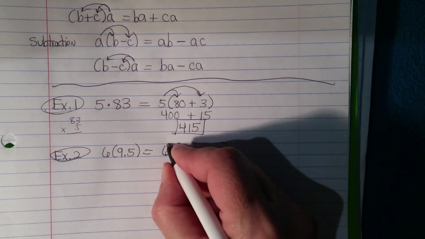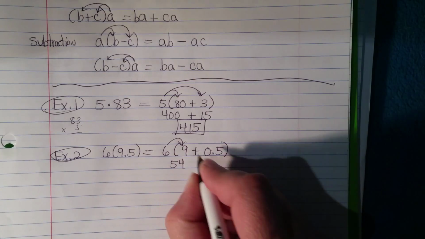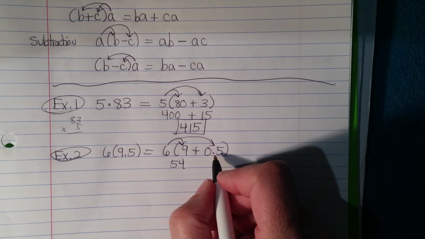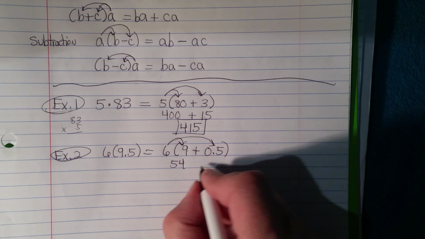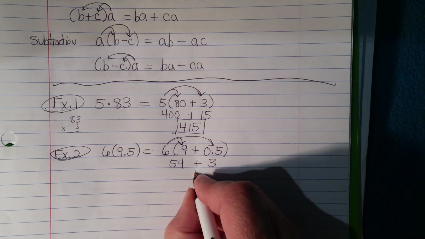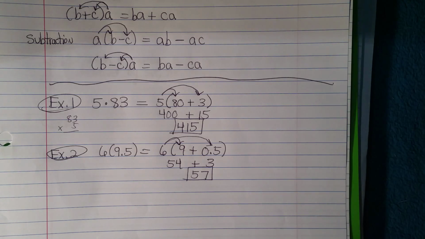Then you get 6 times 9 is 54. 6 times 0.5, that's pretty easy. That's just 6 times 1/2, and that's 3. And so adding those together, you get 57. So it's kind of like a little trick.